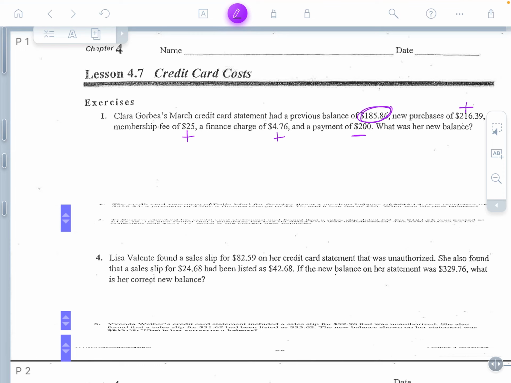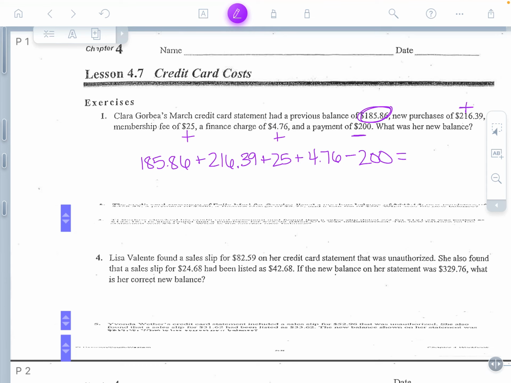So we're going to go through and put these things together. I'm going to put $185.86. I'm going to add $216.39, add 25, add 4.76, and subtract 200. So you can just go ahead and put that in your calculator, and that will give you the new balance.